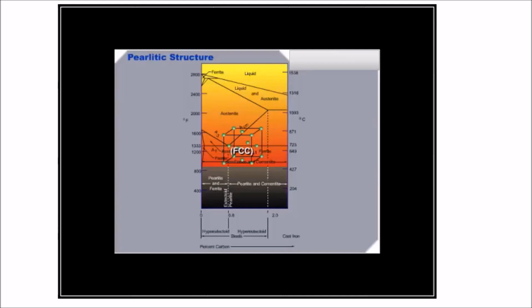At still faster cooling rates and lower transformation temperatures, pearlite no longer forms. Instead, bainite is formed, and this structure has a feathery arrangement of fine carbide needles in a ferrite matrix. Bainite has significantly higher strength and hardness and lower ductility, and is very difficult to see under the microscope.